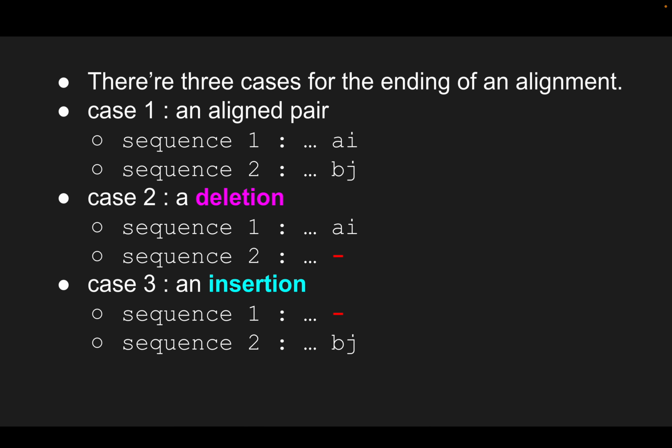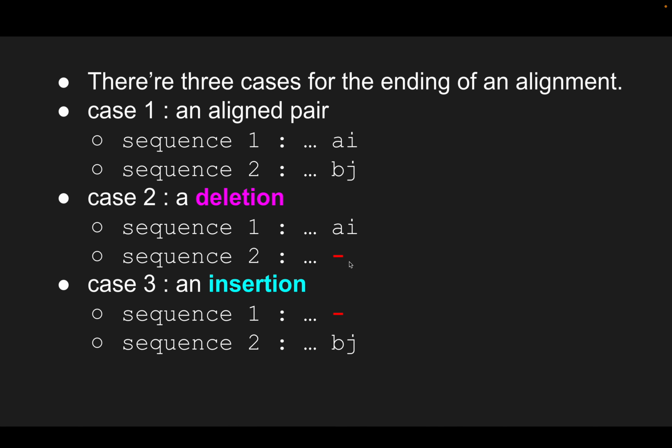Okay, so for each alignment, there will be 3 cases for its ending. The first scenario is that both sequence 1 and sequence 2 form an aligned pair, that is, AI equals BJ. The second case is a deletion, meaning that sequence 2 will have a gap symbol here.